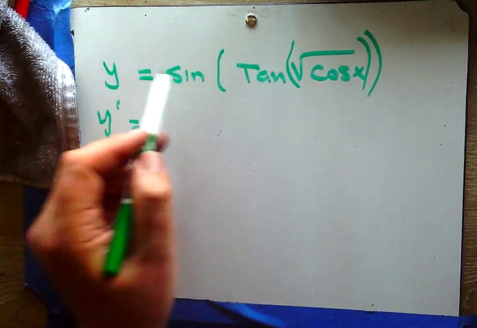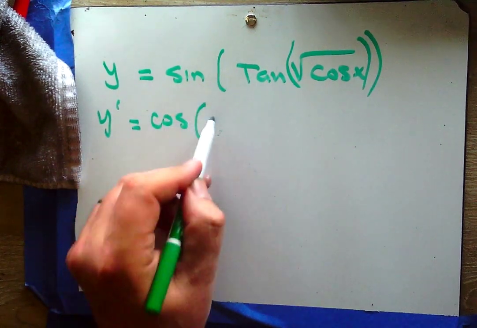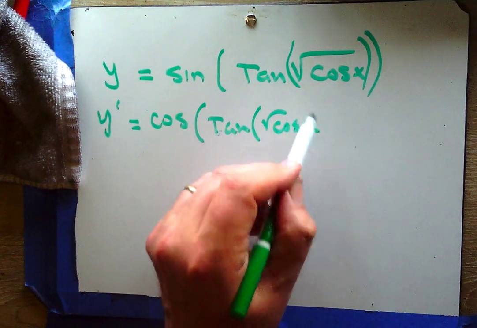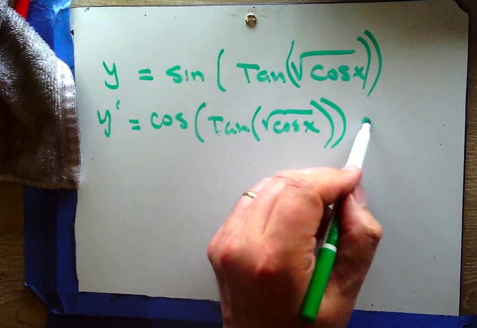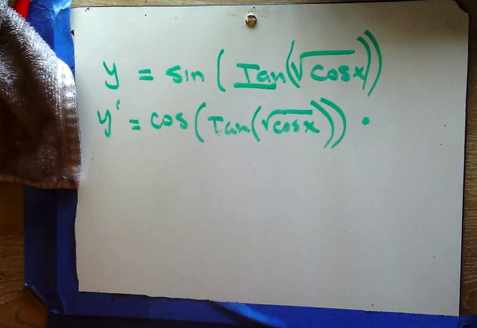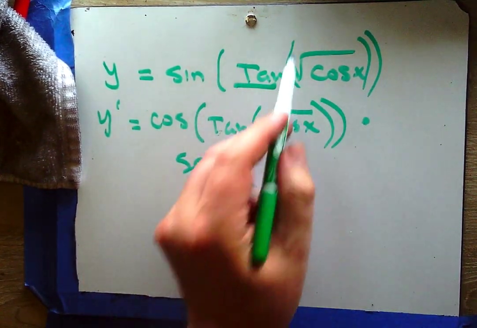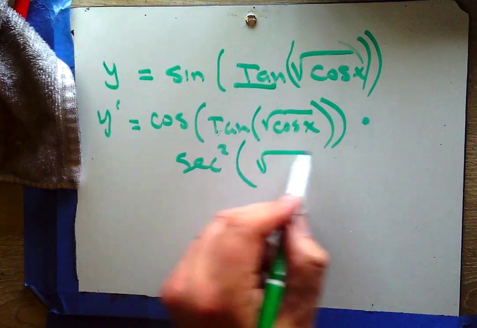Welcome back. Y prime, derivative of the outside. Leave all that inside stuff there. Times the derivative of that next innermost function. Derivative of tangent is secant squared. Leave all this stuff alone.